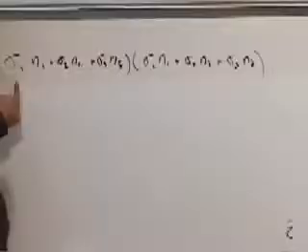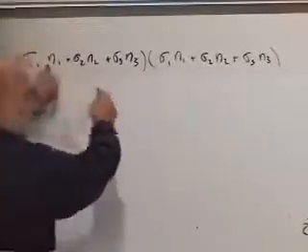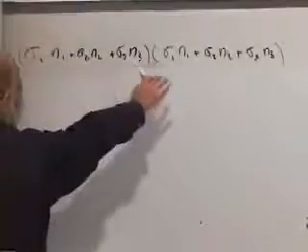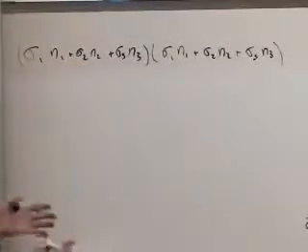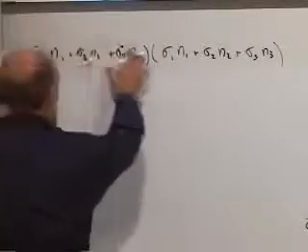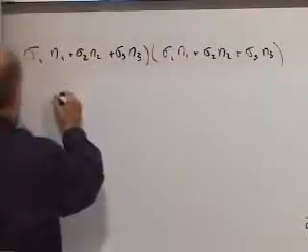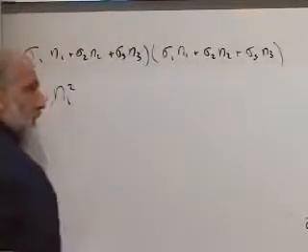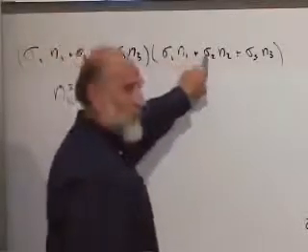The first set of terms are going to be things like sigma 1 squared times n1 squared. What's sigma 1 squared? 1. So from the n1 squared, sigma 1 squared terms, we'll get n1 squared, right? What about from the sigma 2 times sigma 2 term?